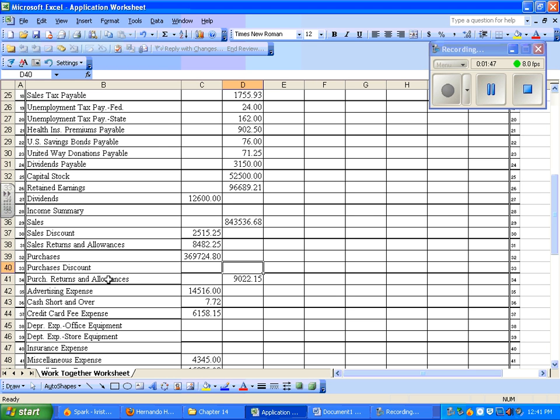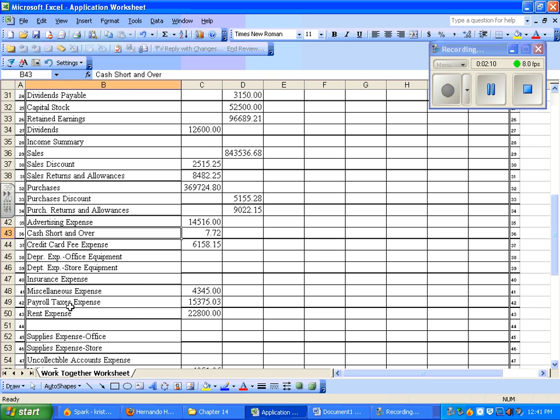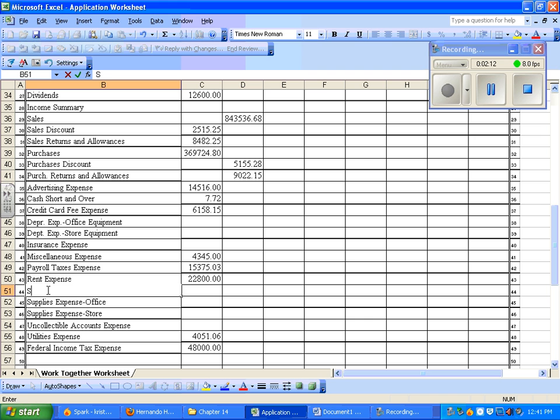If you get stuck and you can't remember, look at purchases. If it's a debit balance, then you know the discount's going to be a credit balance, or look at another contra account to purchases, like purchases returns and allowances. It has a credit balance, so that should tell you that purchases discount should have a credit balance. And the amount is 5155.28.